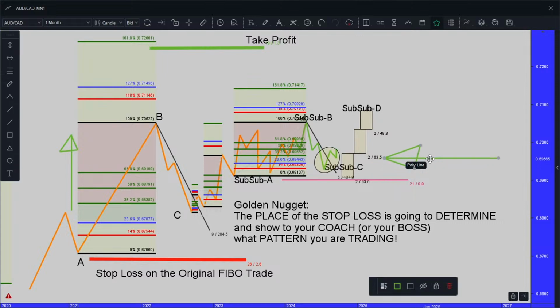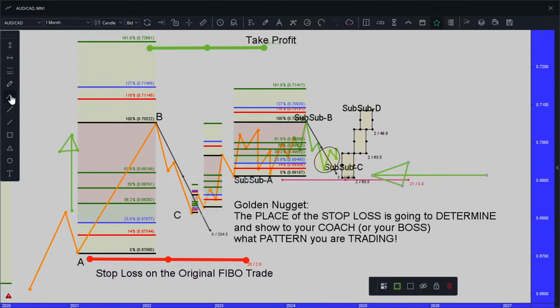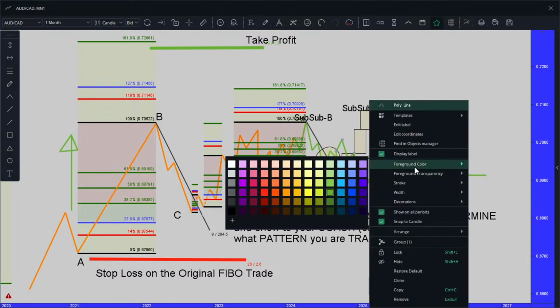Now I have a great comment on the other streaming platform. Somebody saying, but if I put the stop loss on the sub A, I have a greater probability or chance of being stopped out on the sub A compared to the capital A. And this is true.